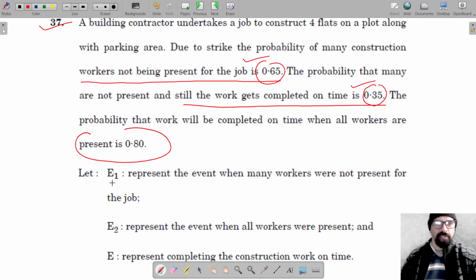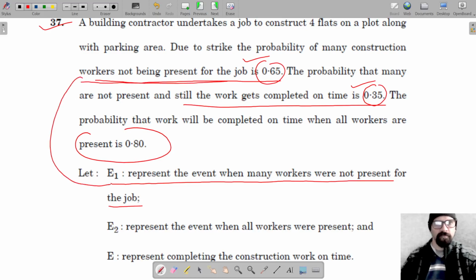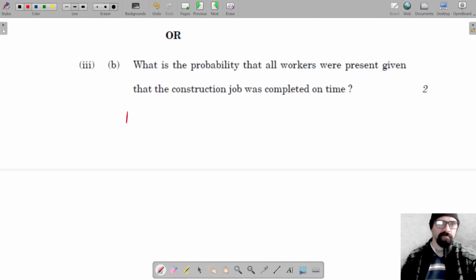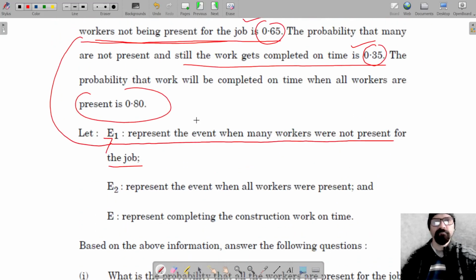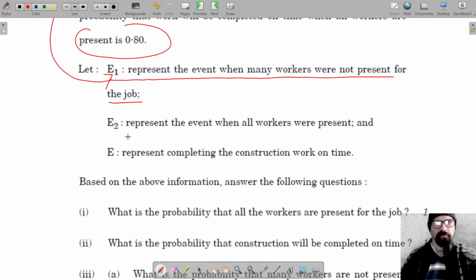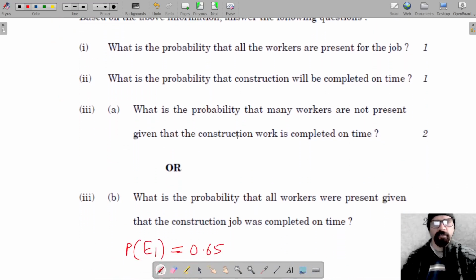Now it's given that let E1 represent the event when many workers were not present for the job. So let's write down what is given to us. The probability of E1, that is the workers not present on the job, is 0.65. Now E2 represents the event when all the workers are present.